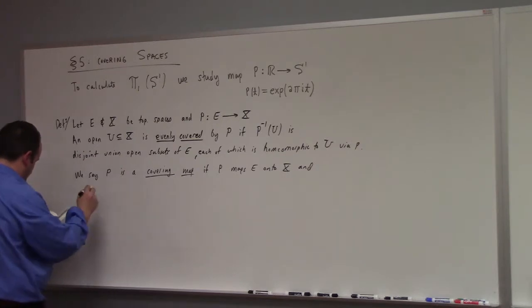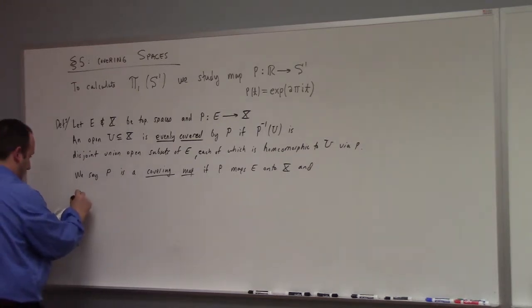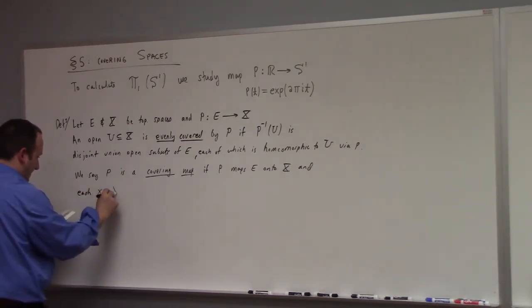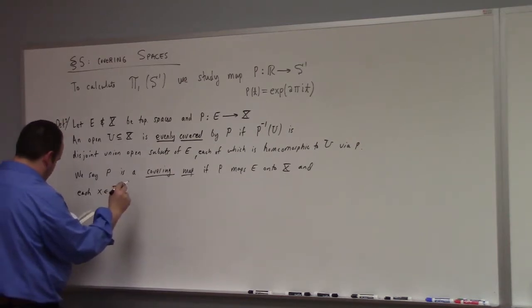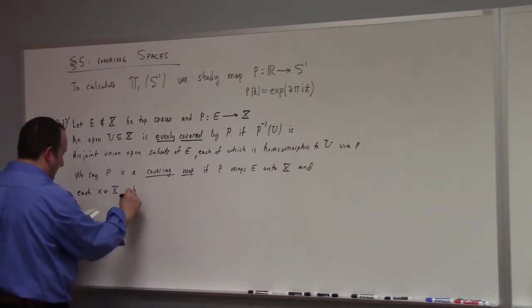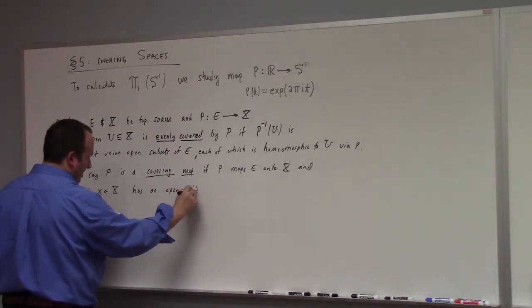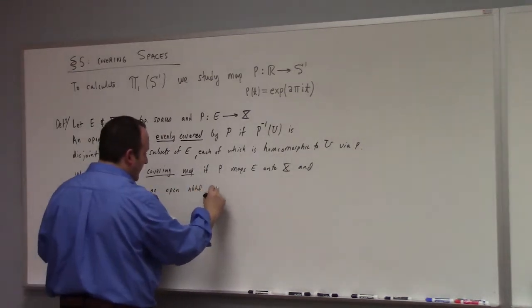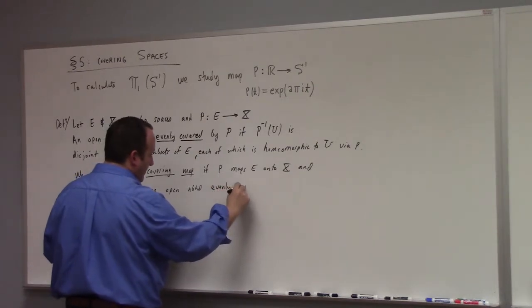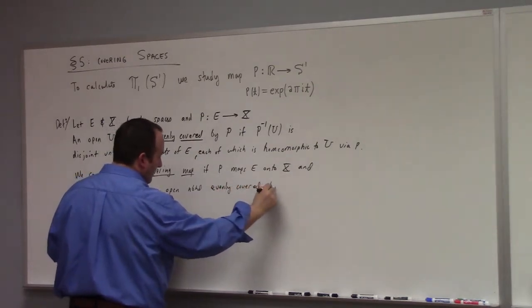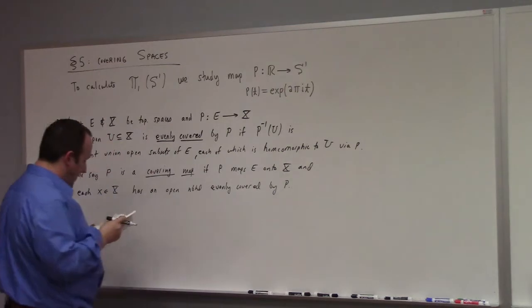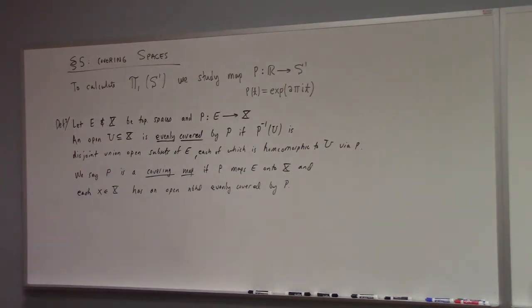Each x in X has an open neighborhood evenly covered by P. In this case, we say that E is a covering space over X.